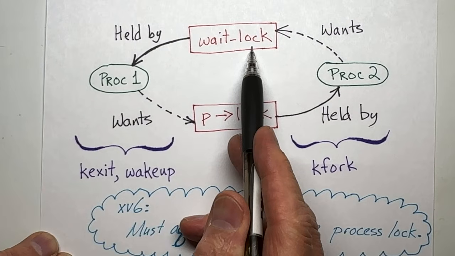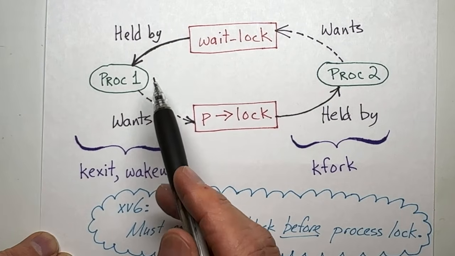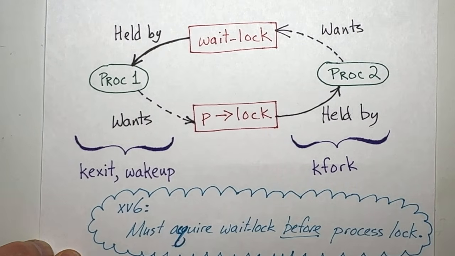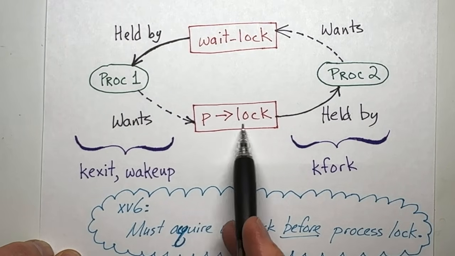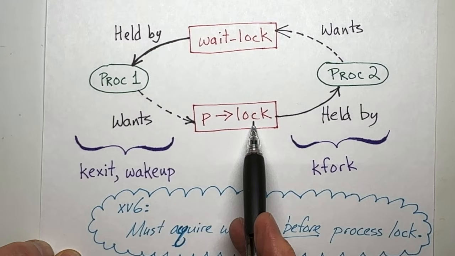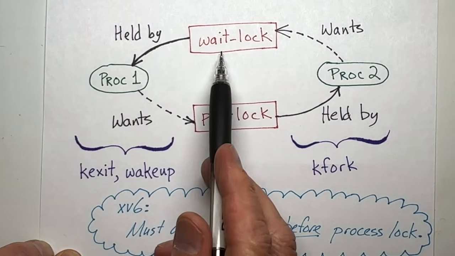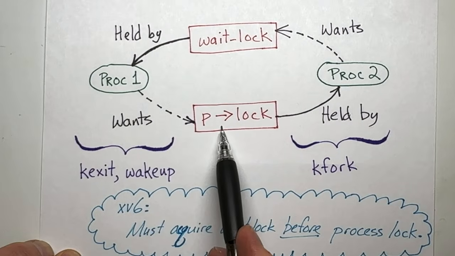Then, as part of this reparenting, it must invoke the wakeup function to possibly awaken the new parent to let it know that it has created a new child, in case it is asleep, waiting for that event. But remember that the wakeup function will momentarily acquire processes' locks as it tries to determine which processes need to be awoken. In summary, kexit first acquires waitLock, then acquires process locks.